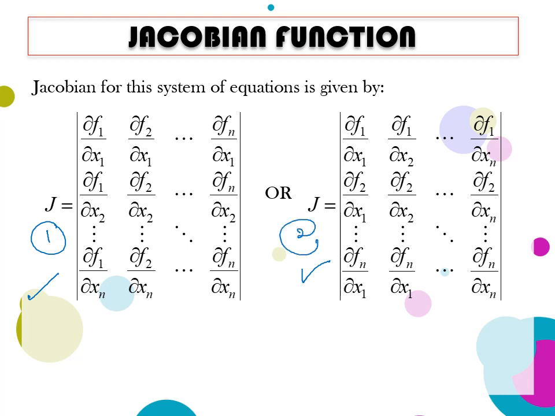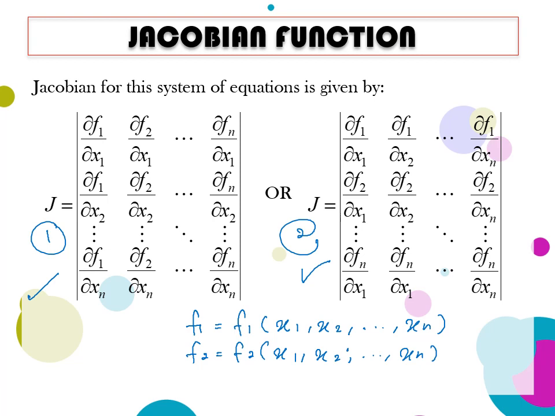You know that you have a system which is f1 depending on x1, x2 until xn, and then the second function f2 depending on x1, x2 until xn, and it will continue until function fn depending on x1, x2 until xn.